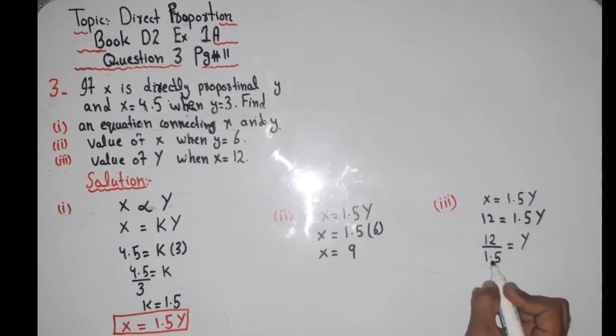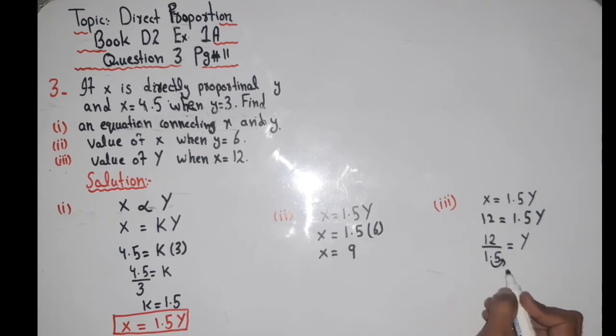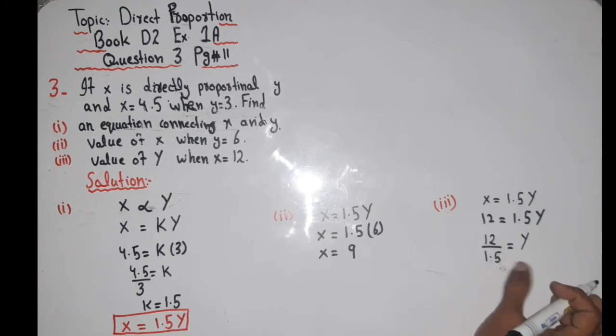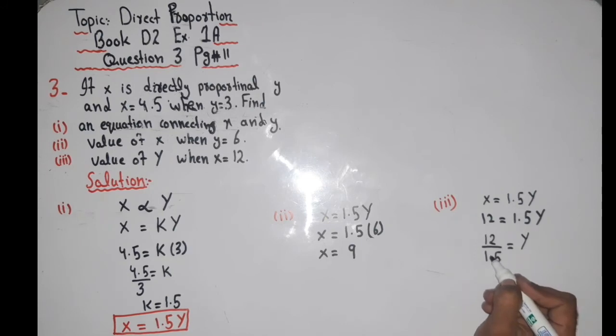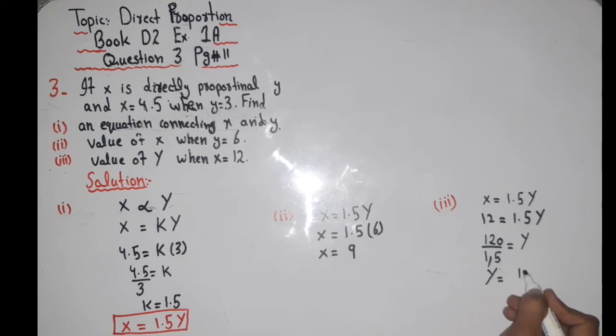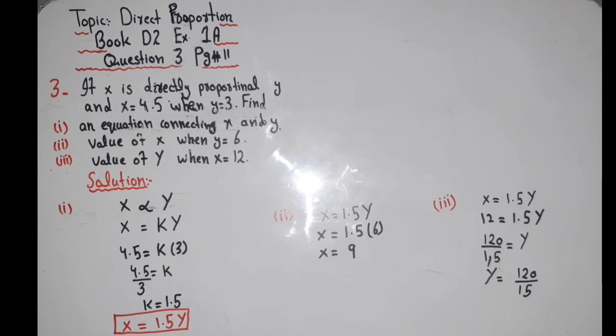If we shift this decimal point over here, then we will write 0 over here. In other words, if we remove the point from here, then we will have 0 on top. So now we have y equals 120 divided by 15.